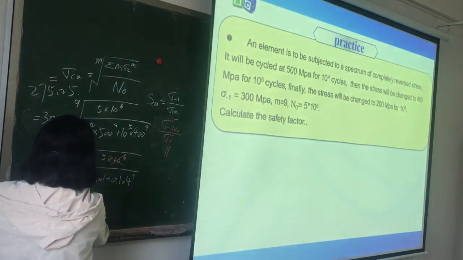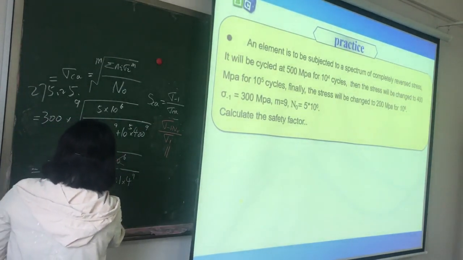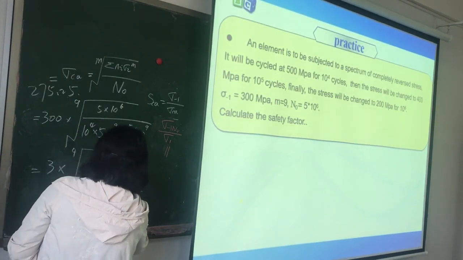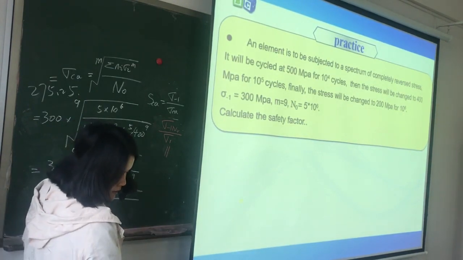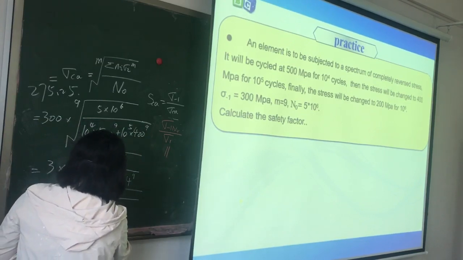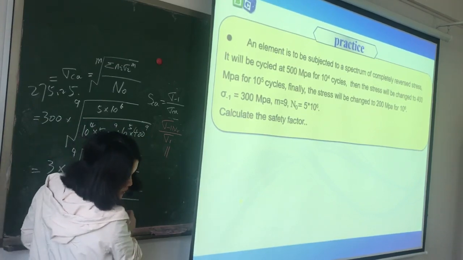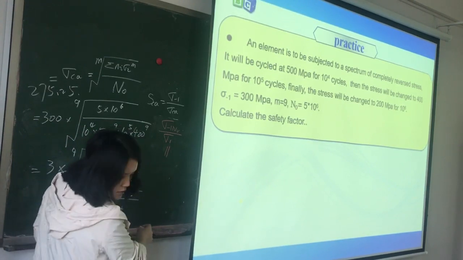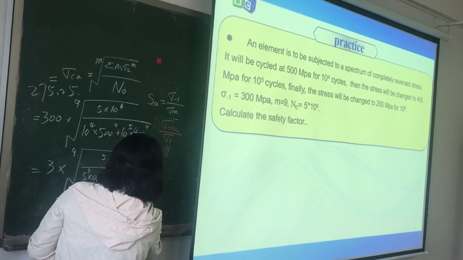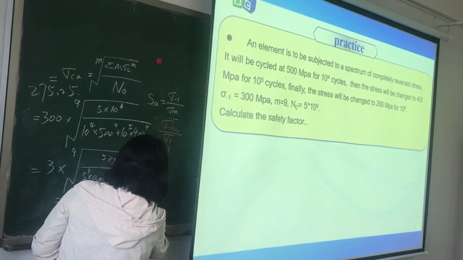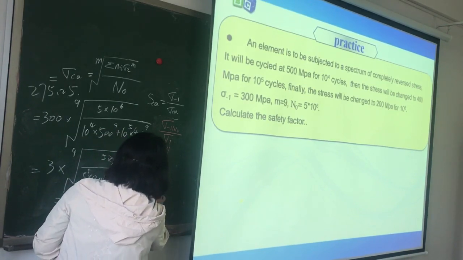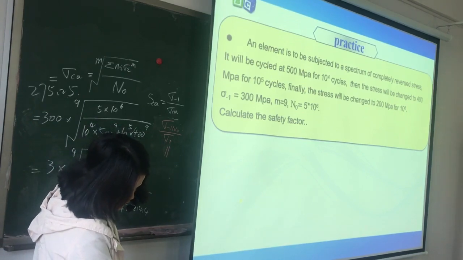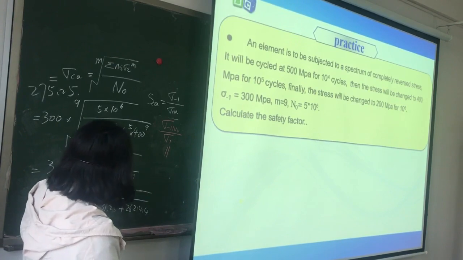Okay, and it equals 3 times 9, 5 divided by this, plus this.